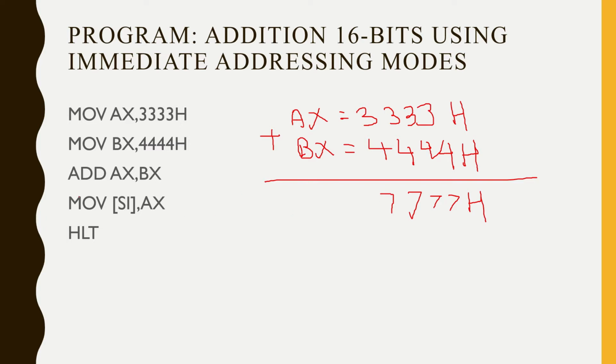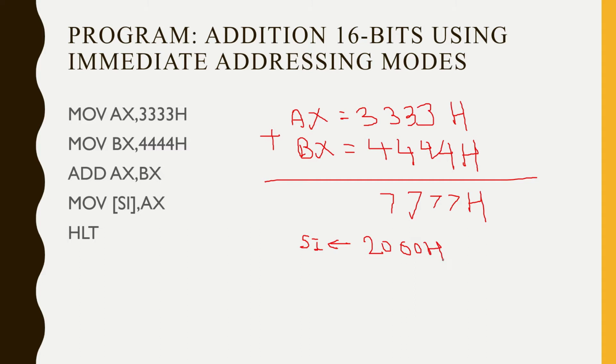After this instruction we are transferring the data, MOV SI comma AX. It means that earlier we have initialized this SI, that is the source index register. Suppose I initialize it in the code with 2000, I will tell you how to initialize it.